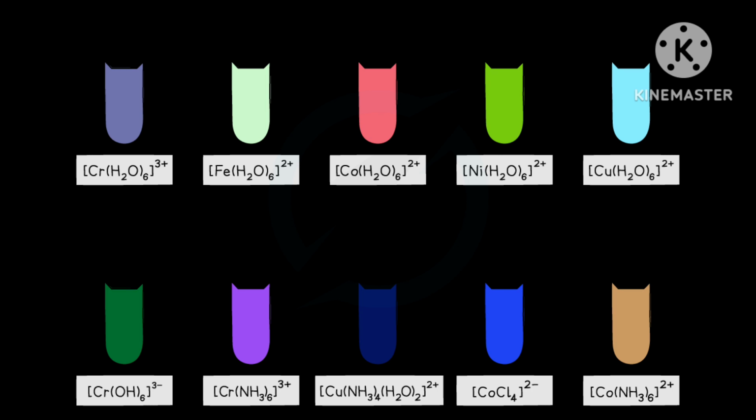The reaction with sodium carbonate occurs as follows. FeCr2O4 plus Na2CO3 plus oxygen. Balanced reaction I am telling you. 4FeCr2O4, means chromite ore, plus 8Na2CO3 plus 7O2.